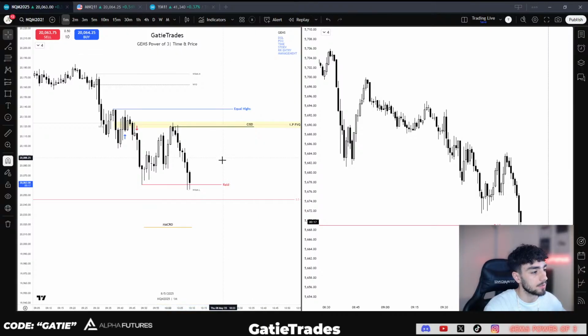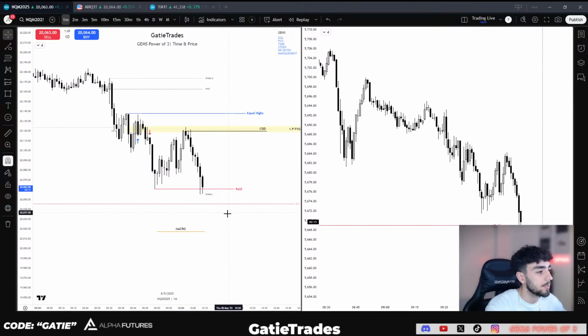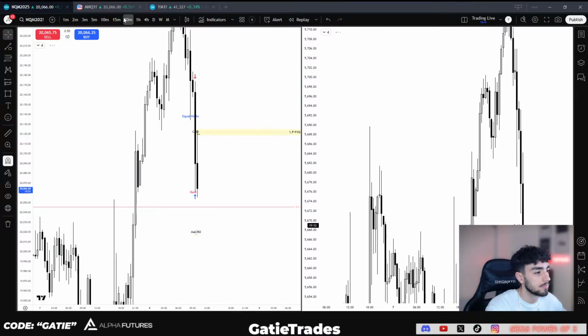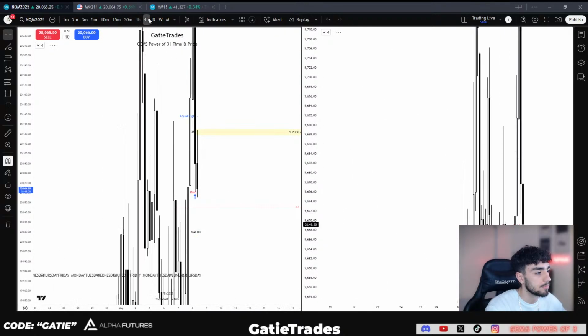We can just mark it like this. 50% of the daily wick is right there. 4-hour bullish as well.